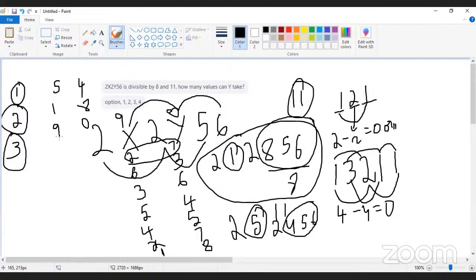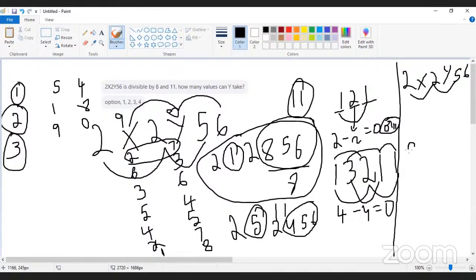Okay. Now I'll give you another approach. If these places, either it should give you 0 or it should give you 11, correct? So 2x, 2y, 5, 6. So 2 plus 2 plus 2, it's 9. What else can I give along with that 6?